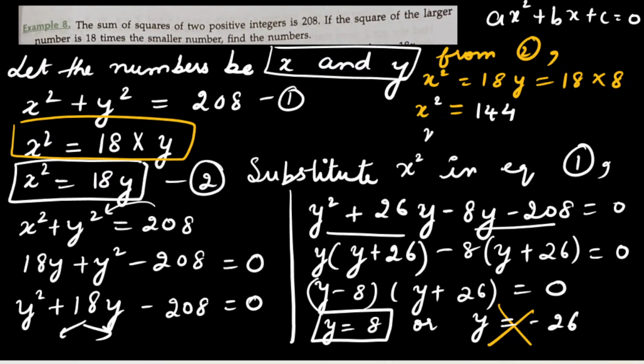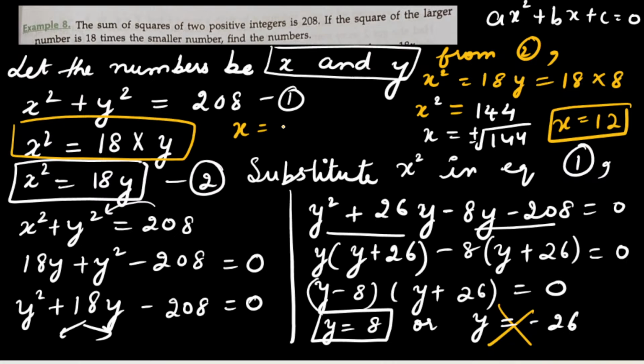When we shift the square to the other side, it becomes a root. So root 144 is plus or minus, but only the positive value we will consider because it's mentioned positive. So x is equal to 12. The square root of 144 is 12. So y is equal to 8 and x is equal to 12 are the required numbers.